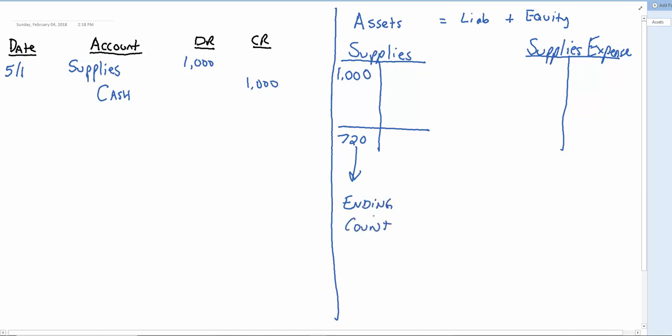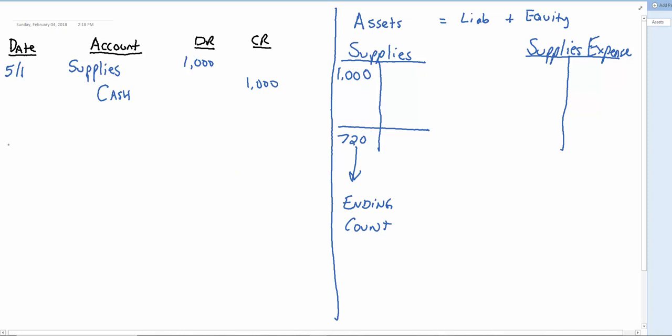So we have an accounting issue here. We have $1,000 worth of supplies on the books from where we bought them, but in reality, we only have $720 of them left on hand. That means we had used up $280 worth of supplies in the month of May. So we need to make an accounting entry to reflect the fact that supplies have gone from $1,000 down to $720.